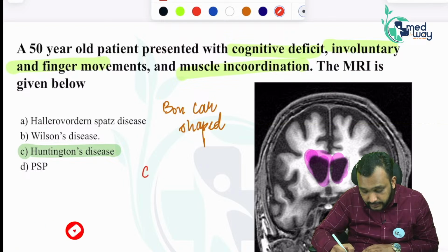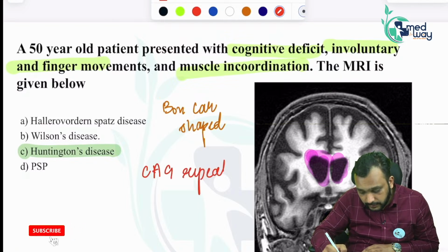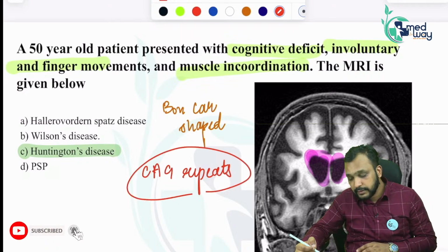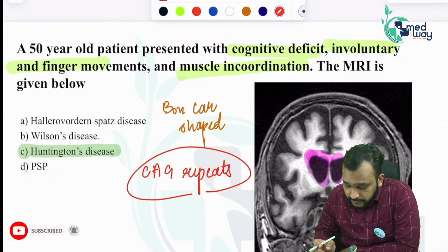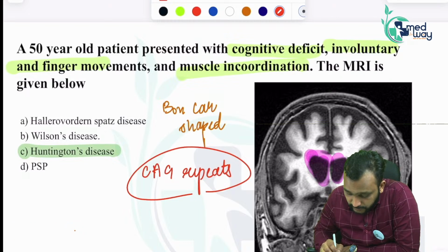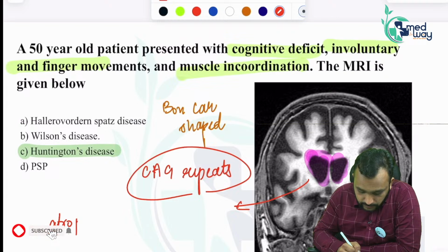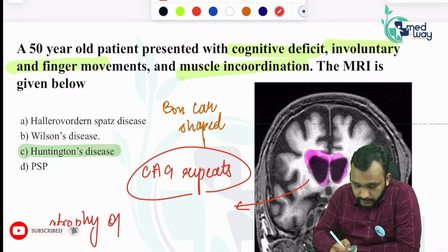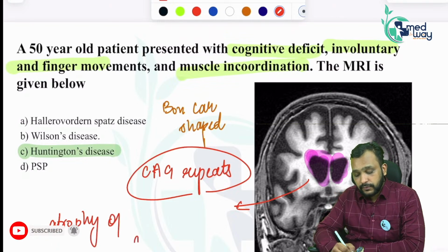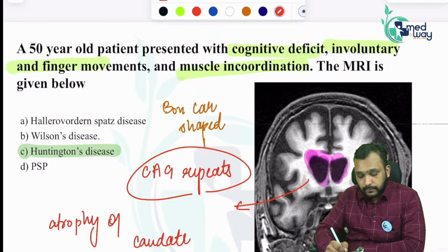And in Huntington's disease, just remember that you are going to see CAG repeats, right? So this is another question that is asked in your exams. And this boxcar shaped ventricles is due to the atrophy of the caudate nucleus.